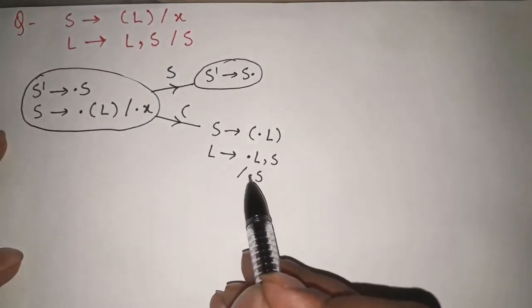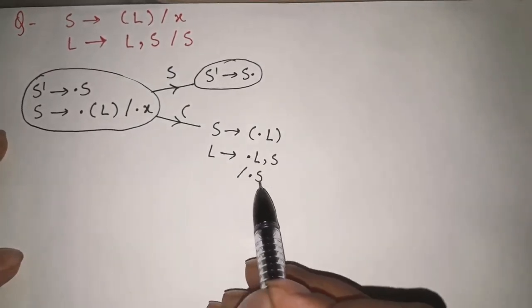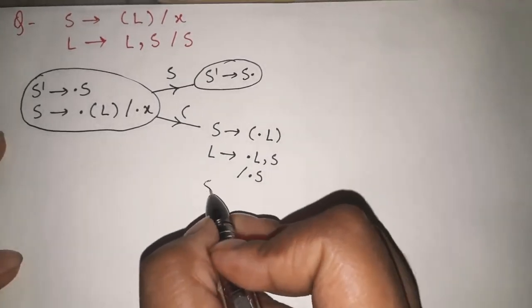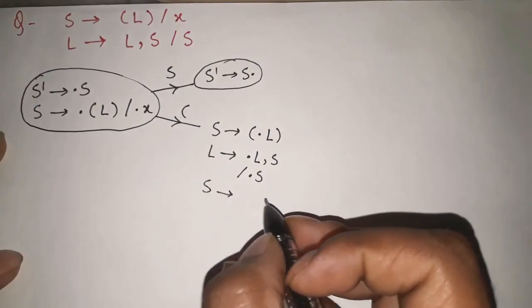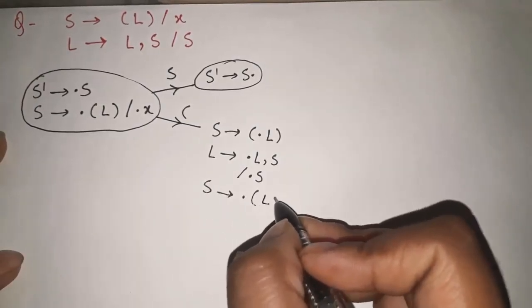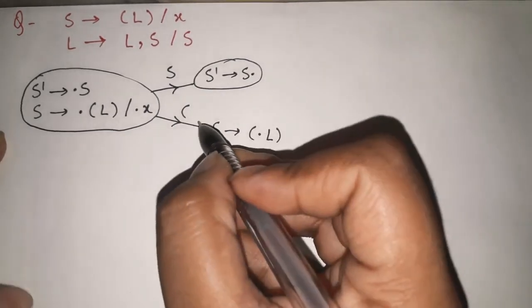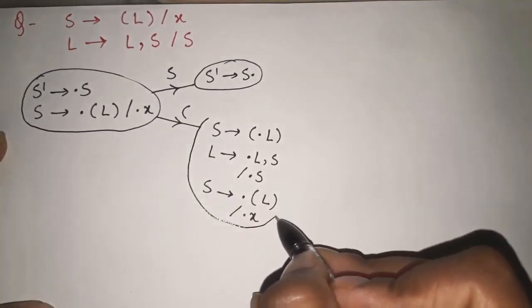Now after the dot we are having capital S again, so I have to write the productions of capital S also. So S gives .(L) or .x. Fine. So this is my third state.